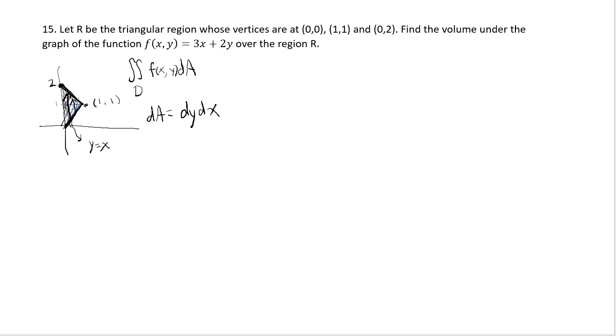Because it passes through 1, 1 and 0, 0, so that's what it is. That's easy. What about this one? This one has a slope of -1 because it's 45 degrees going down, and its y-intercept is 2, so it's -x plus 2. Okay, so that's this one.